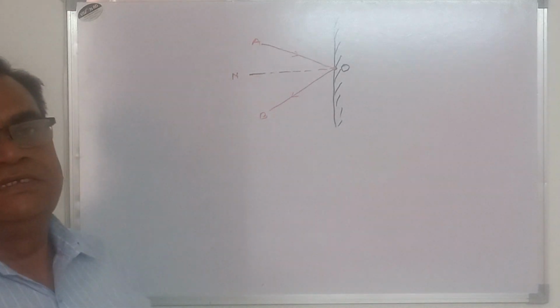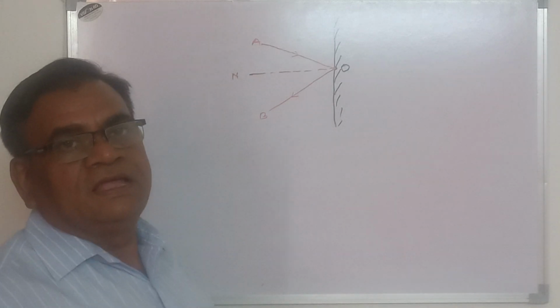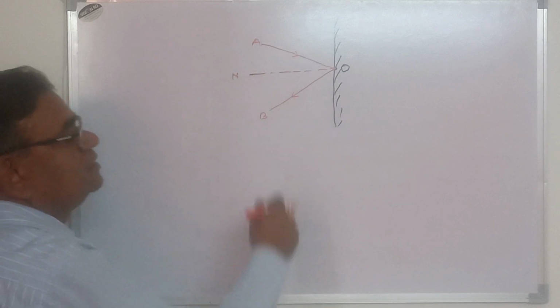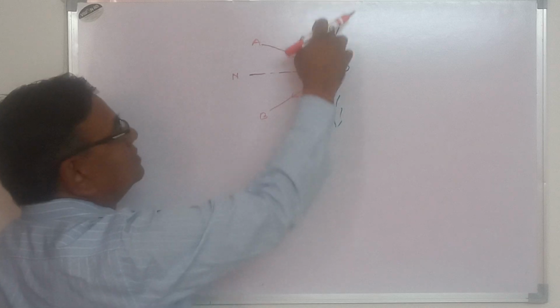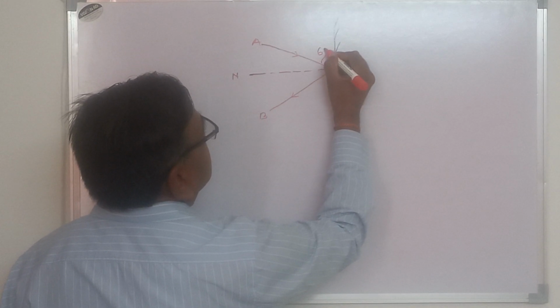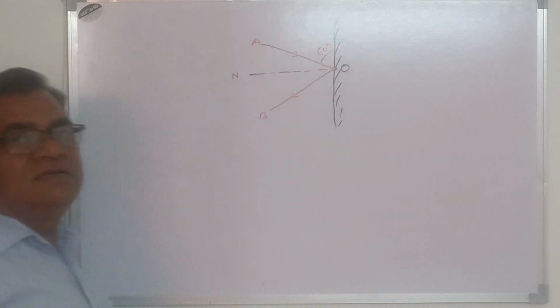The question says the angle between the incident ray and mirror surface is 60 degree. कहाँ का एंगल की बात कर रहा है?